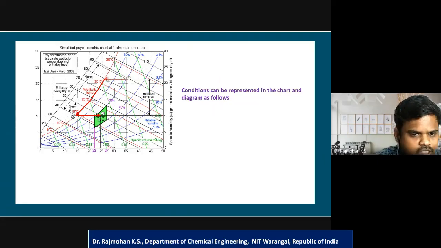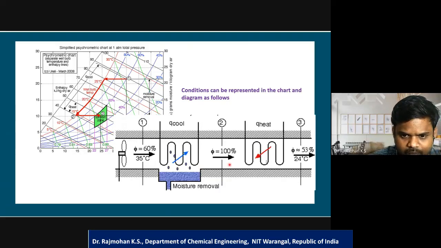We are doing sensible cooling, and then we are reducing the humidity. Here there is no change in humidity, only cooling is done, and dehumidification is done. Then it is again heated to get into the comfort zone. So that process is represented like this.